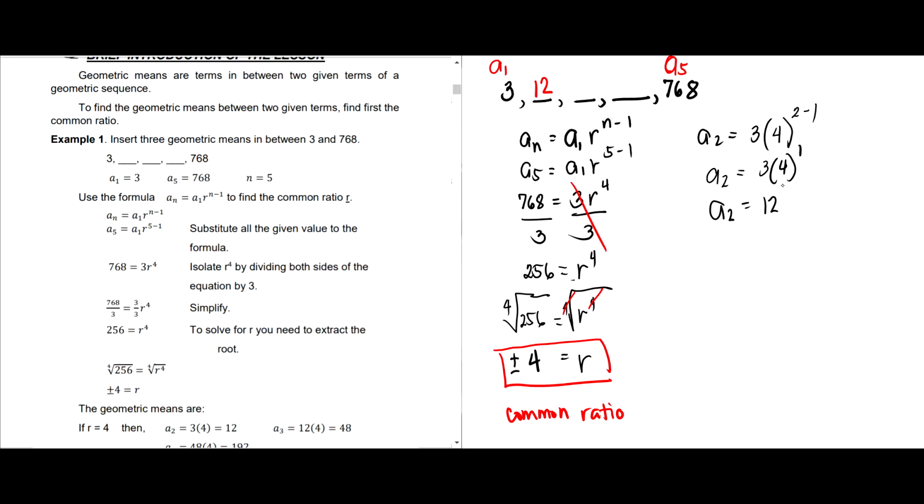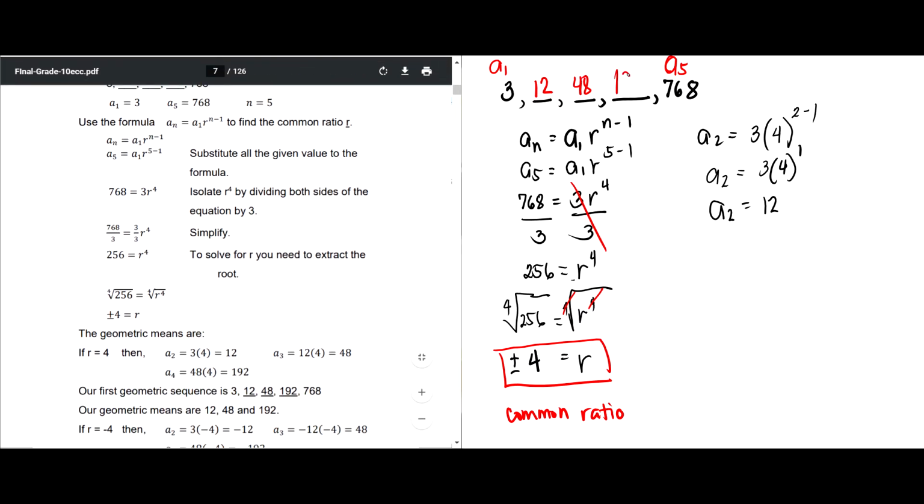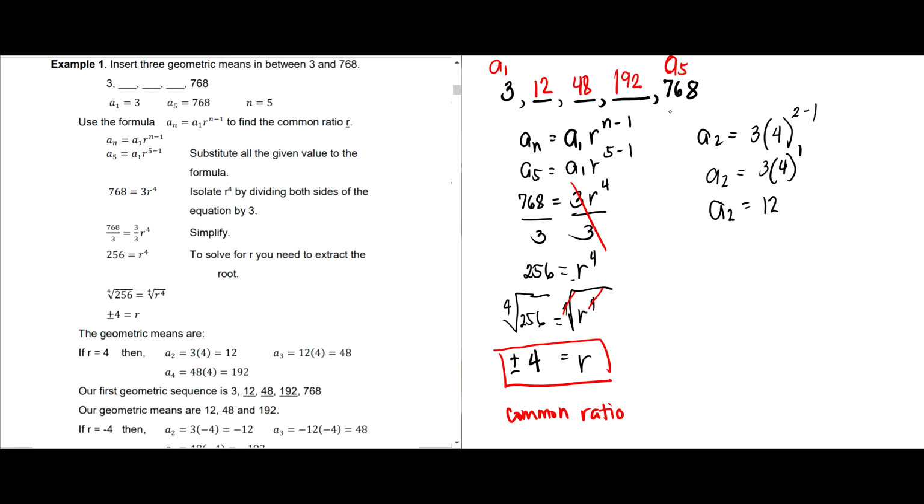Now, if you already know your common ratio, you just multiply the common ratio to the preceding term. So 12 times 4, that's 48. And then 48 times 4, that's 192. And 192 times 4 is 768. So the geometric means are 12, 48, and 192.